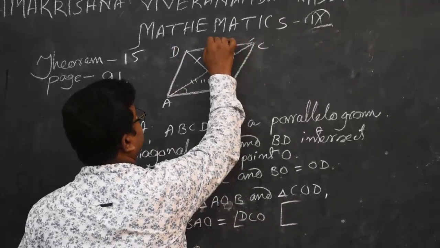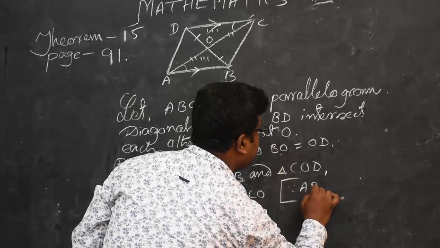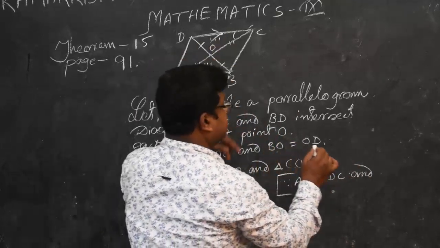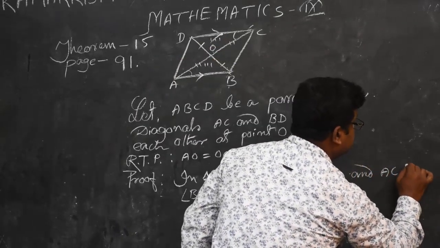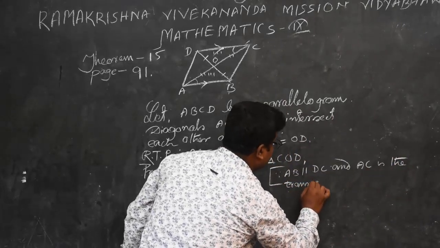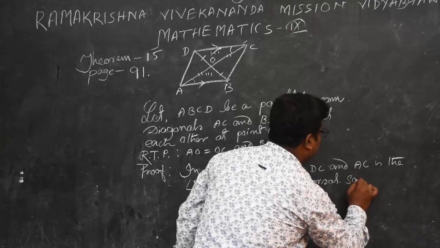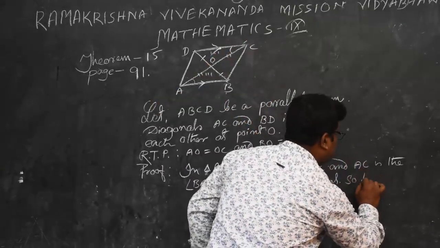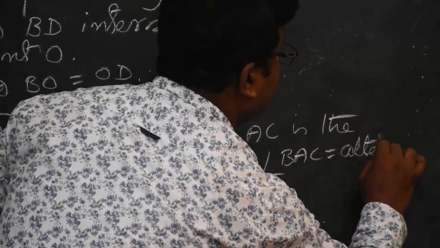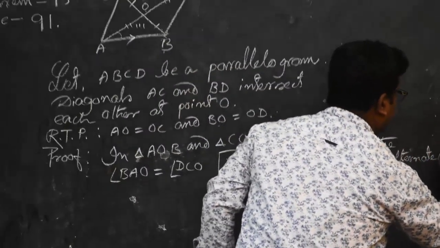Since AB parallel to DC because ABCD is a parallelogram, and AC is the transversal, angle BAC equals the alternate angle DCA.